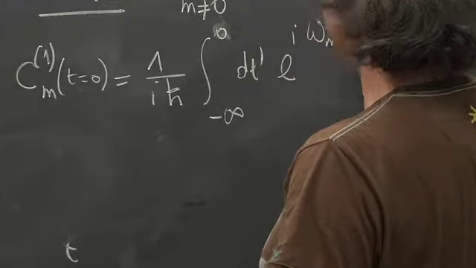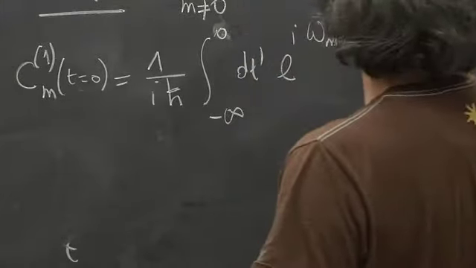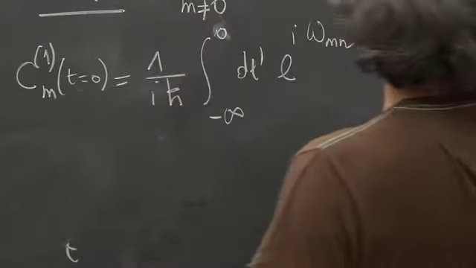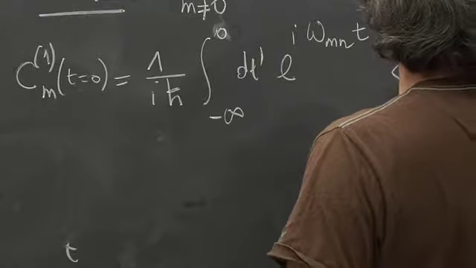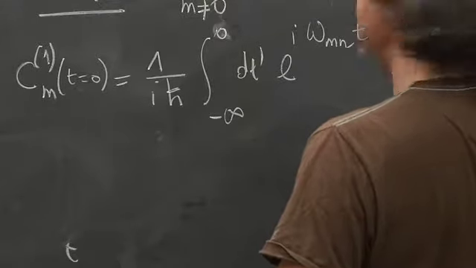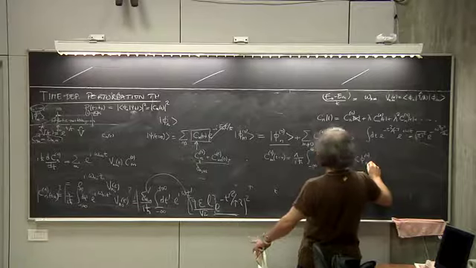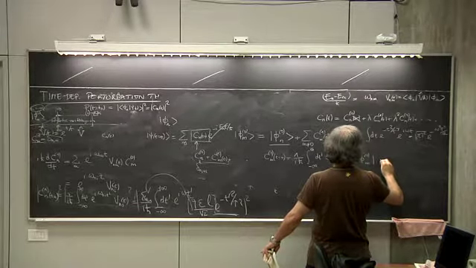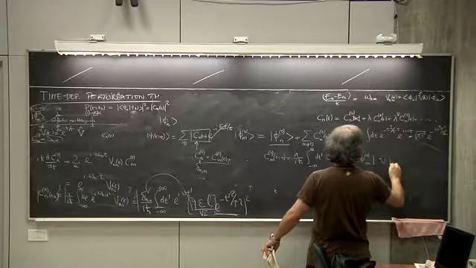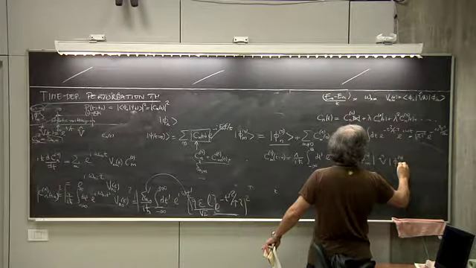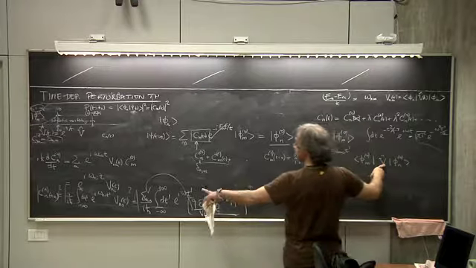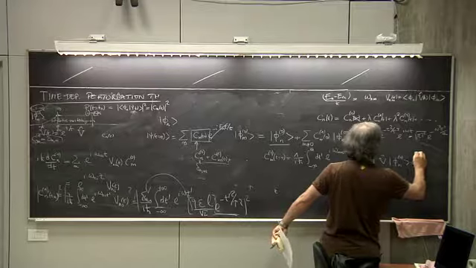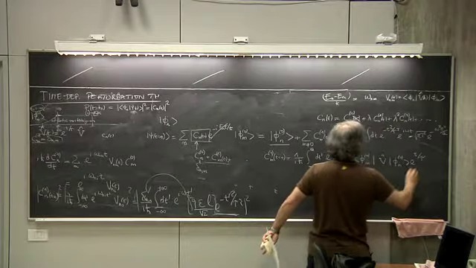Then I have the matrix element of the perturbation, the matrix element of phi m, lambda V, phi 0 n, and the V has a time dependence that I assume to be simply e to the t over tau.